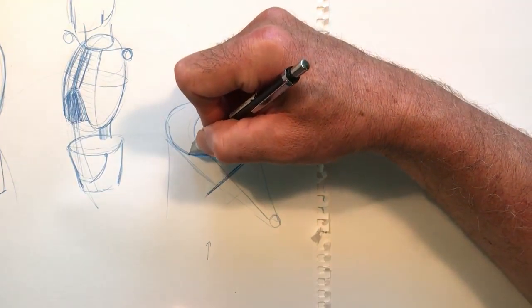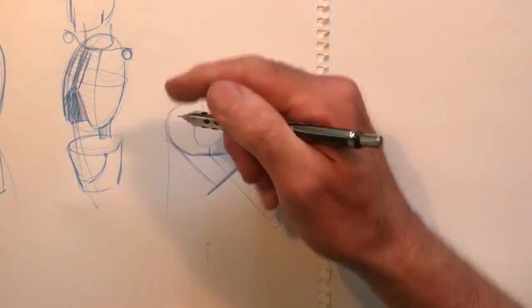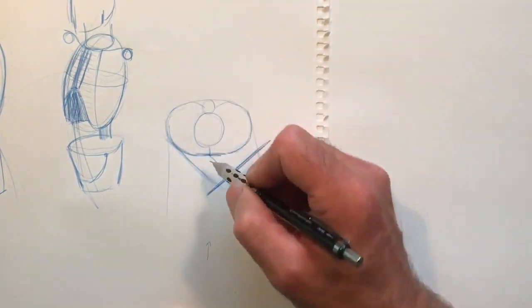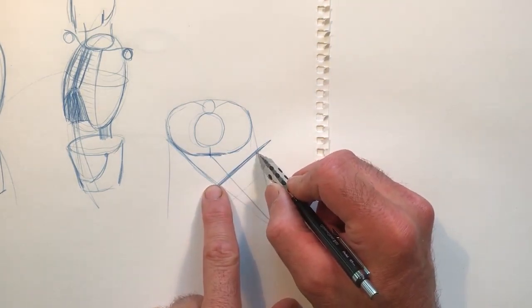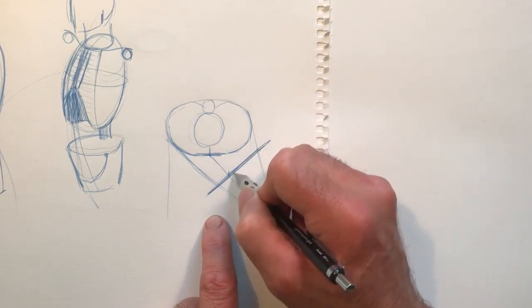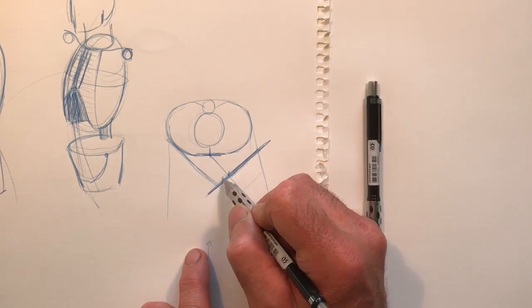Because this form curves quickly, it disappears quickly. I don't see this very, very quickly because it curves away. So now what I see on this plane in terms of size of the rib cage is the right side, this big. The left side is this big.